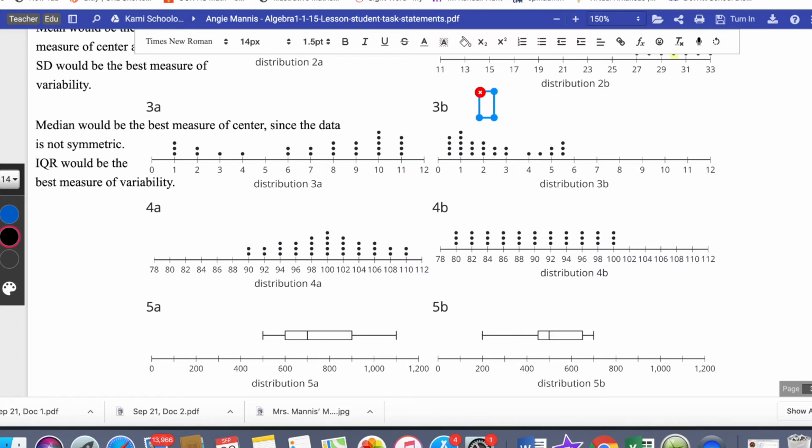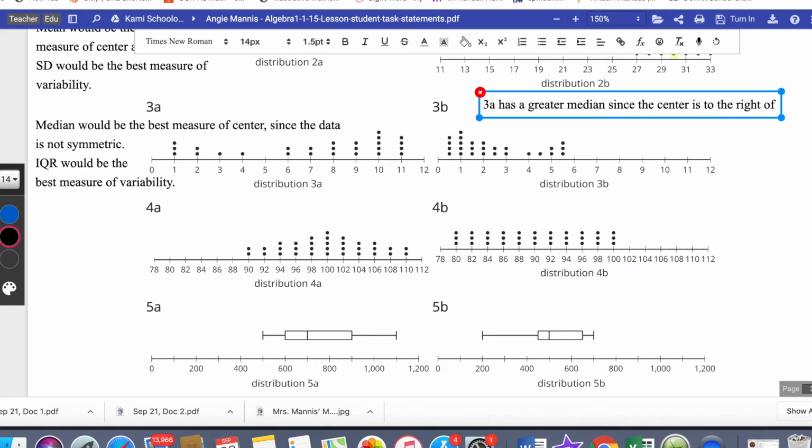So 3A has a greater median since the center is to the right of the center for distribution 3B. Okay, so variability, which one looks like it is more spread out? So 3A appears to be more spread out, so 3A also is going to have a greater variability.